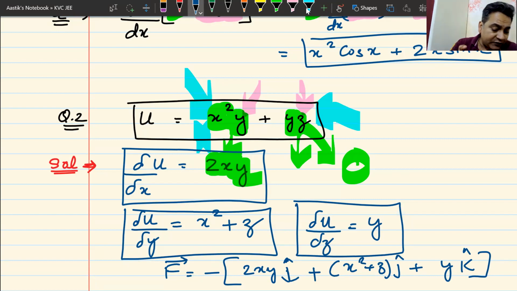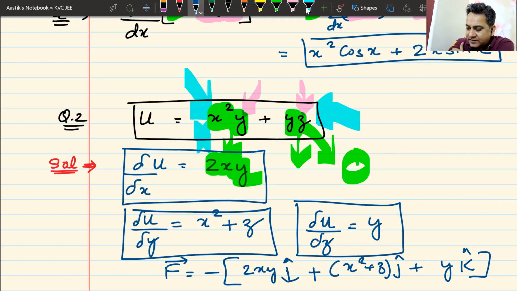So in today's class, what we have done is we have calculated change in potential energy or work done using force. We have already done that before. We again did it. Then we did the reverse of that: calculating force when energy was given. We'll continue with this in the next class and try to wind up so that we can move on to the last part of this chapter.